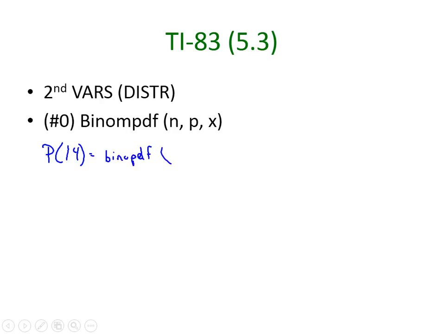What is N? What is my sample size? Okay, 15 people. What was the probability of success? It was 0.95, wasn't it? 95% recognized it, yes. So the probability of success was 0.95. What would X be?